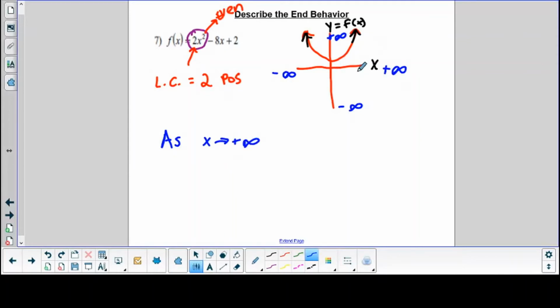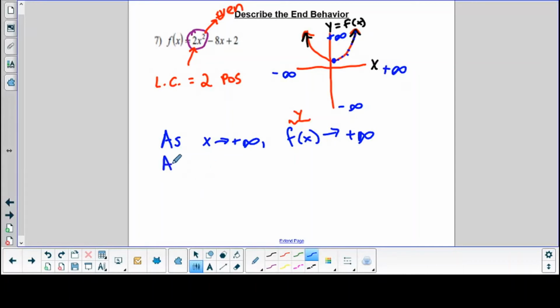As we go to the right, in other words, as our x's increase, what's happening to our y's? In other words, what's happening to f of x? Remember, this is just a fancy term for saying my y's. If I pick a random point and I go to the right, are my y's increasing or decreasing? Hopefully you can see these dots that I'm making are going up. So this will be going to plus infinity.